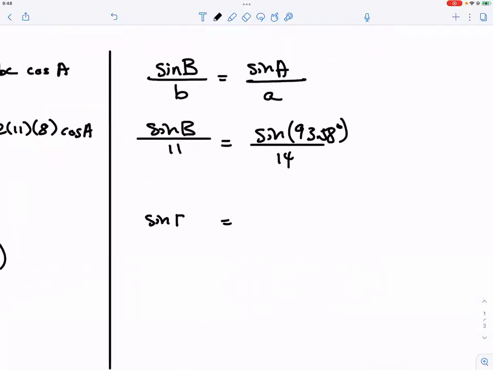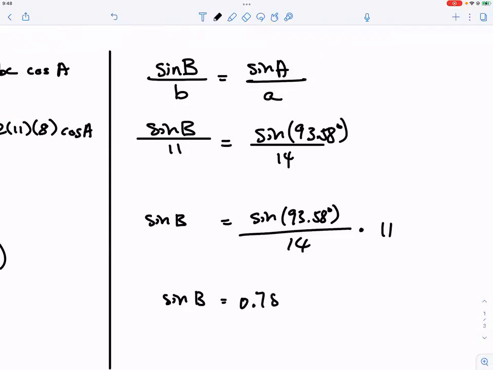So sine B is equal to this fraction multiplied by 11. So let's go ahead and see what it is. So we have sine B equal to 0.784.